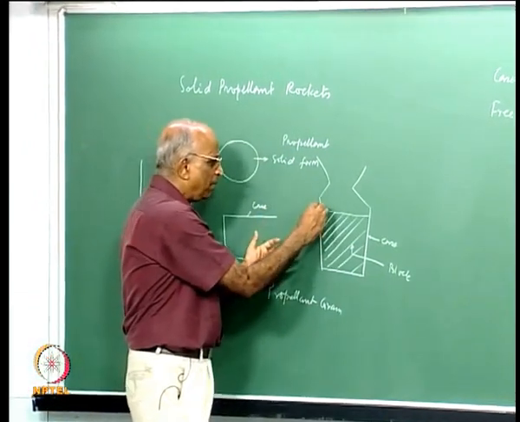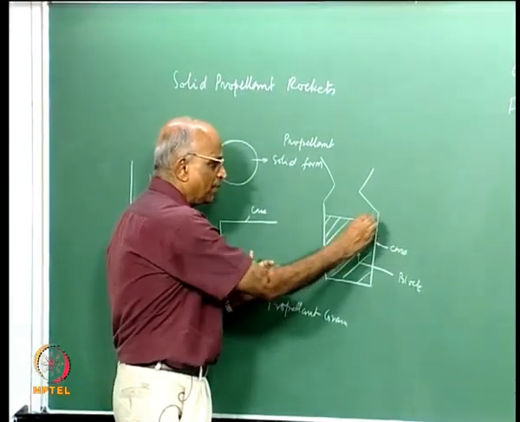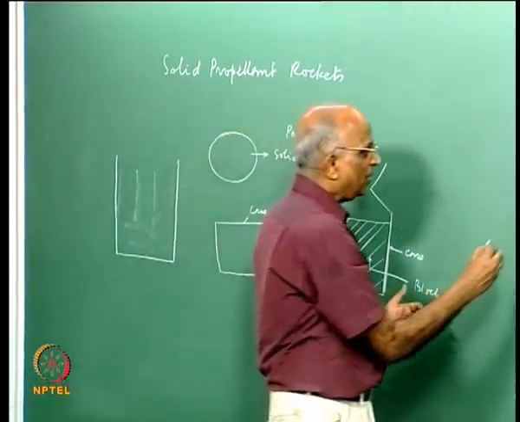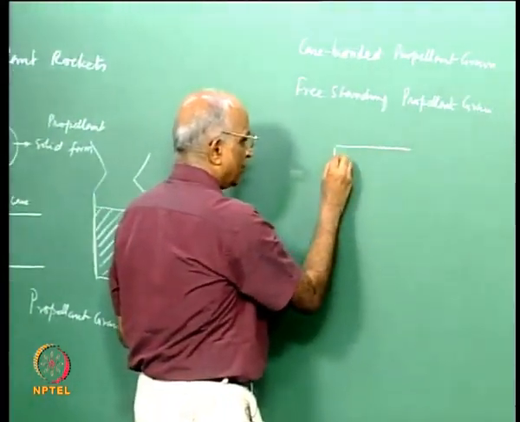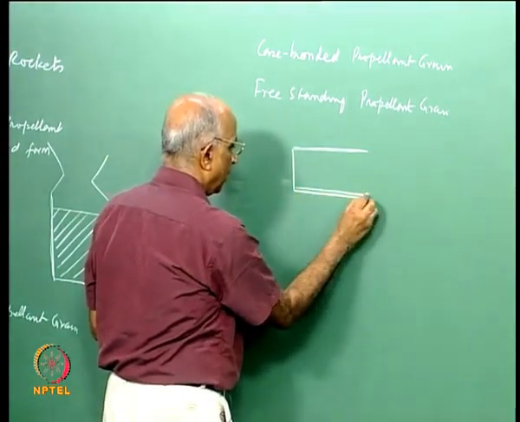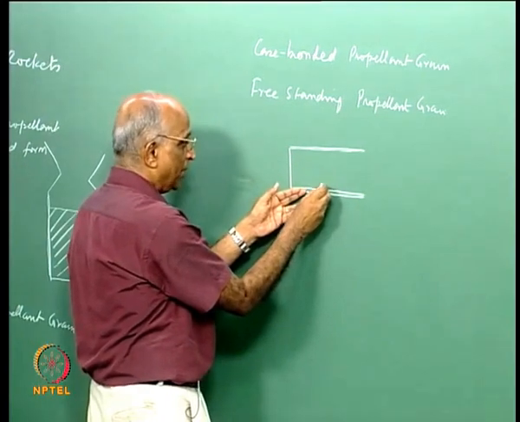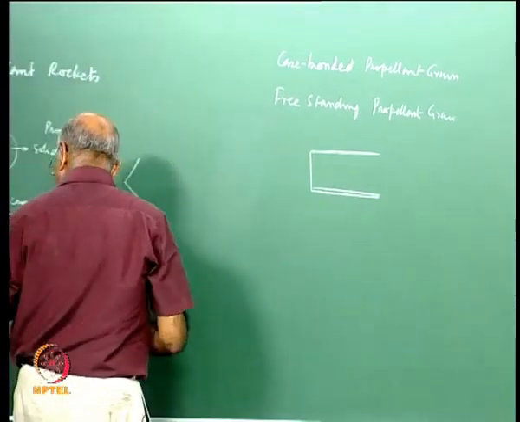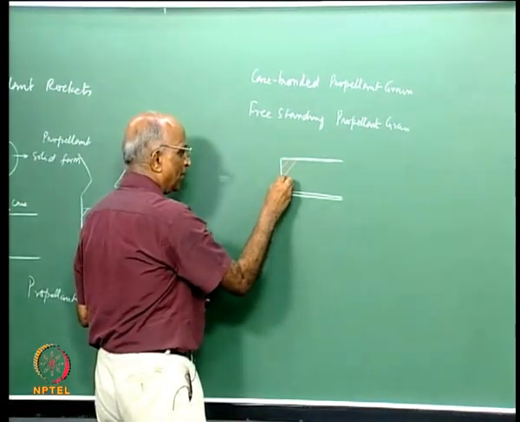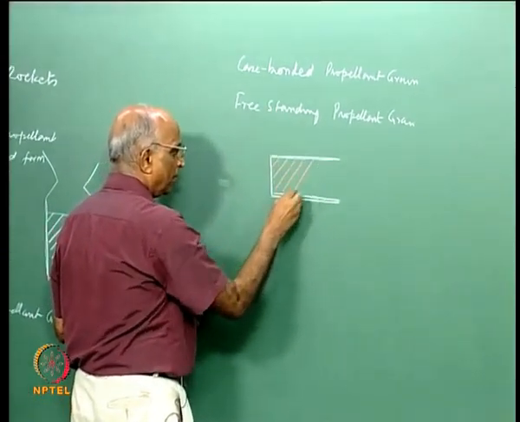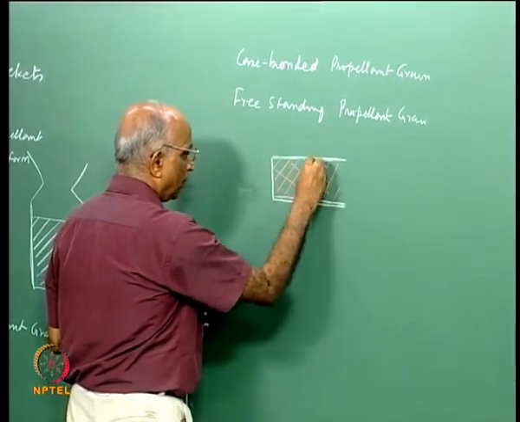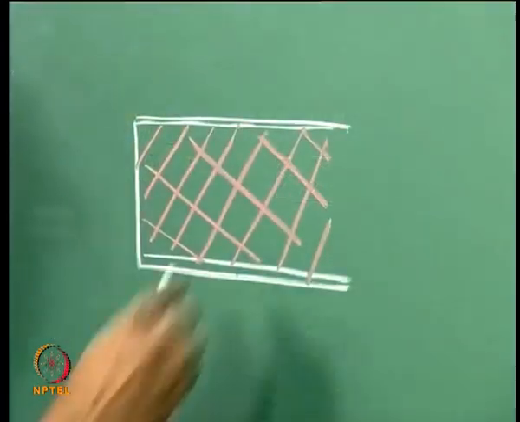As the propellant burns, the hardware or the metal case will get heated. Therefore, if I have a case, I need something like a liner, and this liner could be an insulator, and then I put the propellant into it, and then I attach a nozzle onto it.